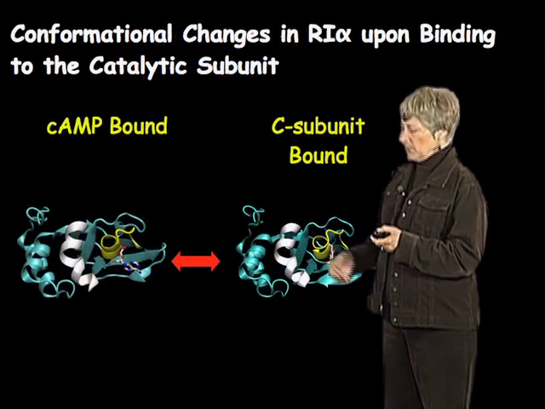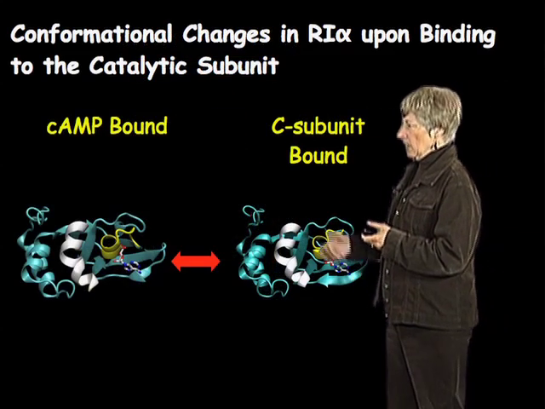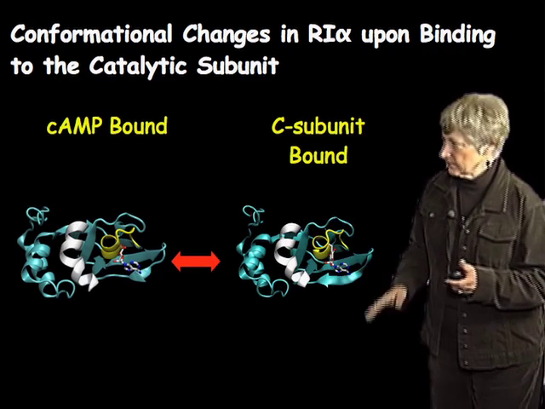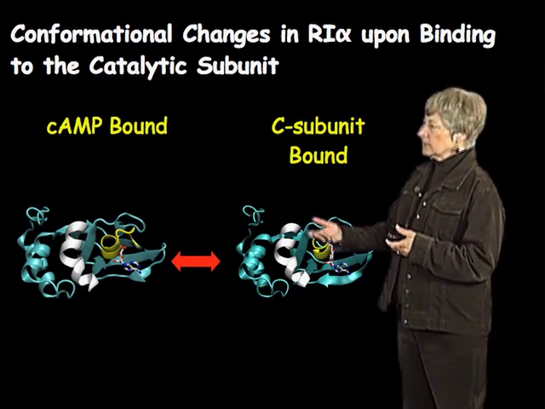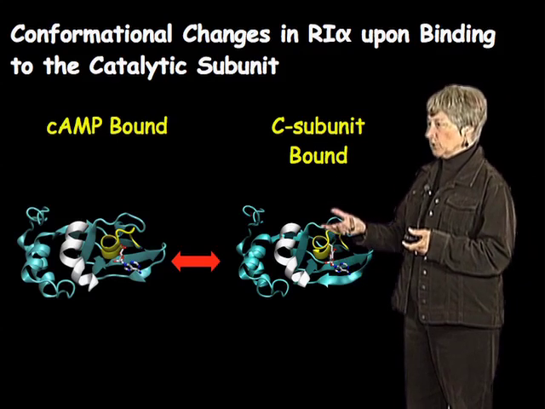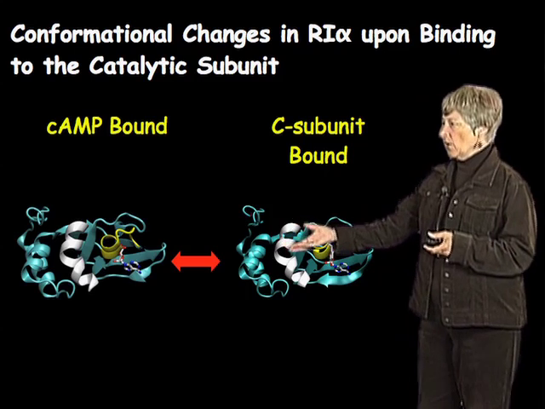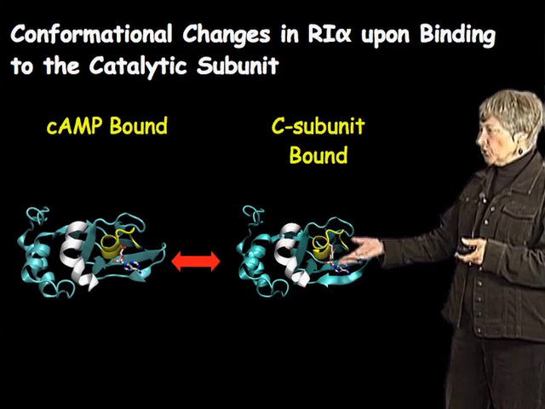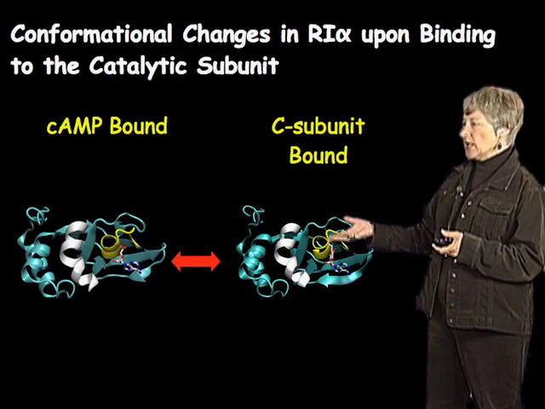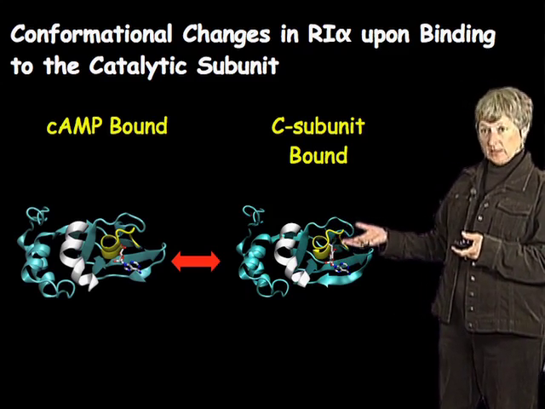Okay, so let's look more closely at what was really surprising to us about this structure. We really didn't anticipate this at all. On the left, we have the structure of the cyclic AMP bound domain. And then on the right, I'm going to show you what happens when you release cyclic AMP and bind to the catalytic subunit.